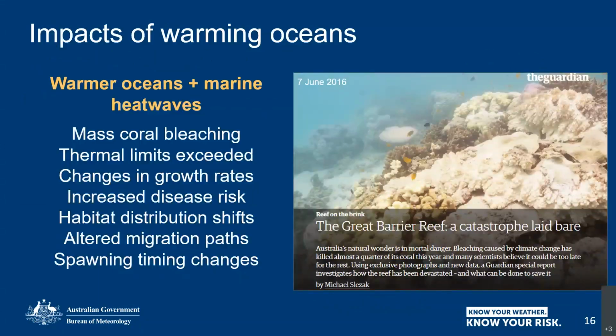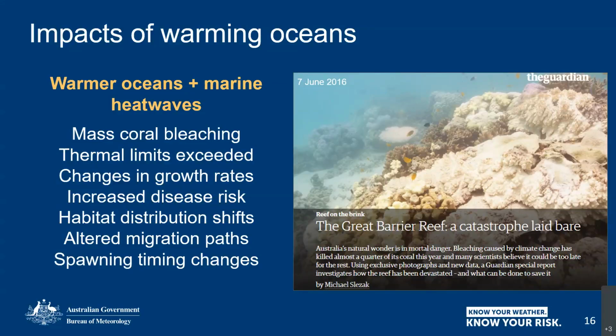There are impacts of warming oceans, both the increasing baseline plus more extreme events or marine heat waves overlaying this warming baseline. Some of the impacts include mass coral bleaching, which will be the focus of the second part of this webinar. Thermal limits are exceeded, so a lot of marine species of coral and fish have a particular temperature range where they grow well or their productivity is highest, and that can be exceeded in certain locations.